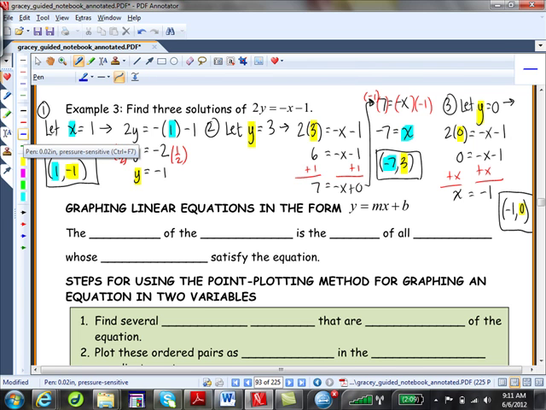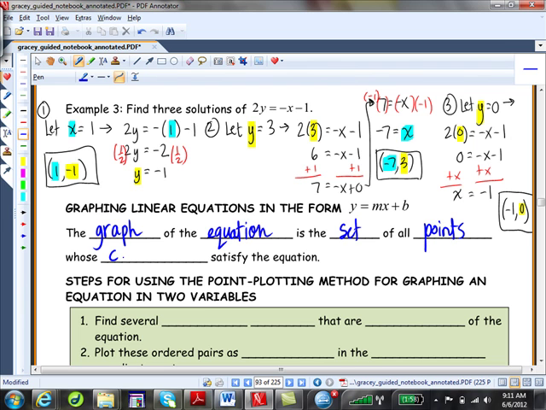Okay, here we go. Graphing linear equations in the form of y equals m times x plus b. The graph of the equation is the set of all points whose coordinates satisfy the equation.